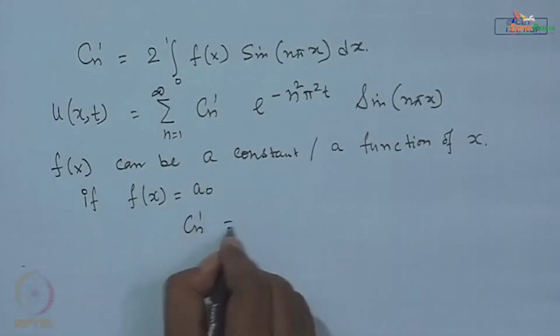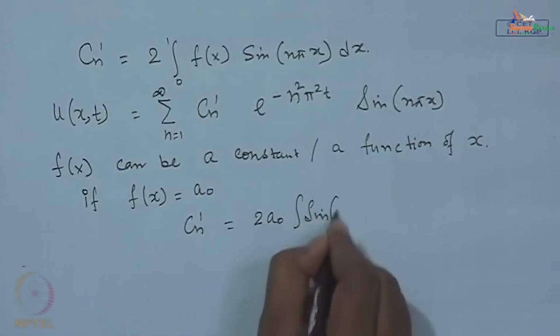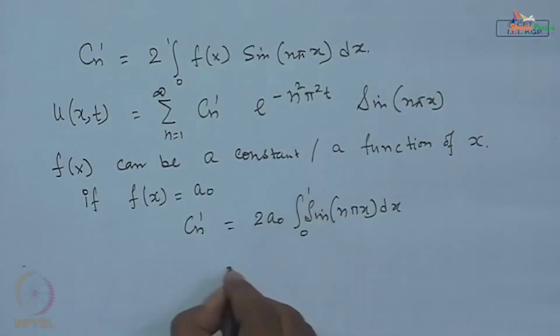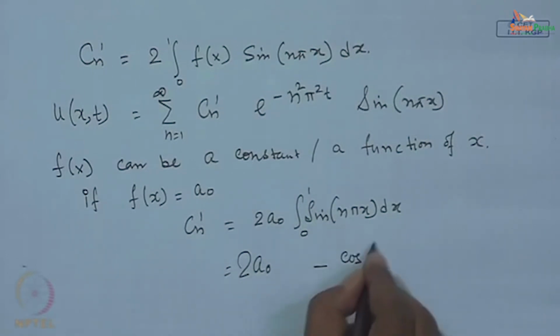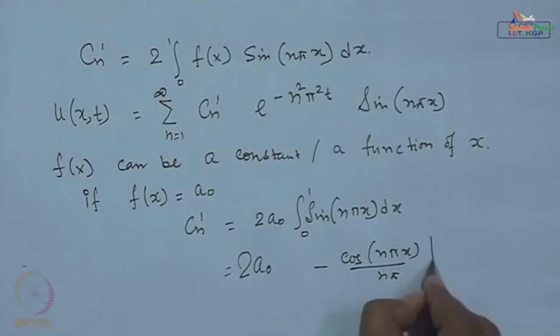So, C n prime is nothing but 2 a 0 times the integral of sin n pi x dx from 0 to 1. Therefore, you will be getting 2 a 0 times the integral of sin n pi x, which is nothing but minus cosine n pi x divided by n pi, from 0 to 1.